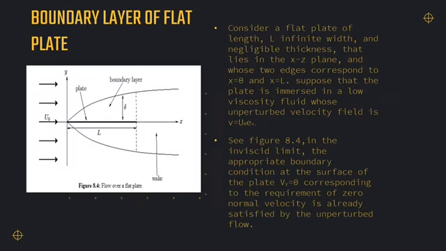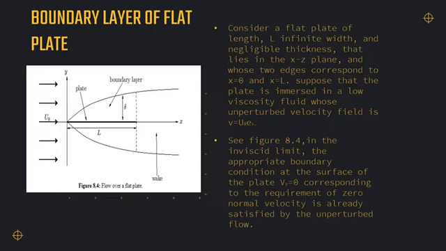Boundary layer of a flat plate. Consider a flat plate of length L, infinite width, and negligible thickness that lies in the xz plane and whose two edges correspond to x equal to 0 and x equal to L. Suppose that the flat plate is immersed in a low viscosity fluid whose unperturbed velocity field is uniform.